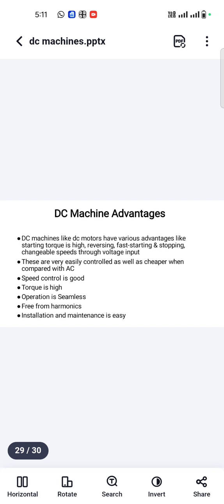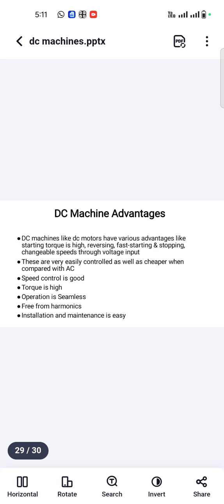Okay, then so many advantages are present here. If you use a DC machine compared to AC, some disadvantages are there, even though so many advantages are present. DC machines like DC motors have various advantages like high starting torque, reversing, fast starting and stopping, changeable speed through voltage input.